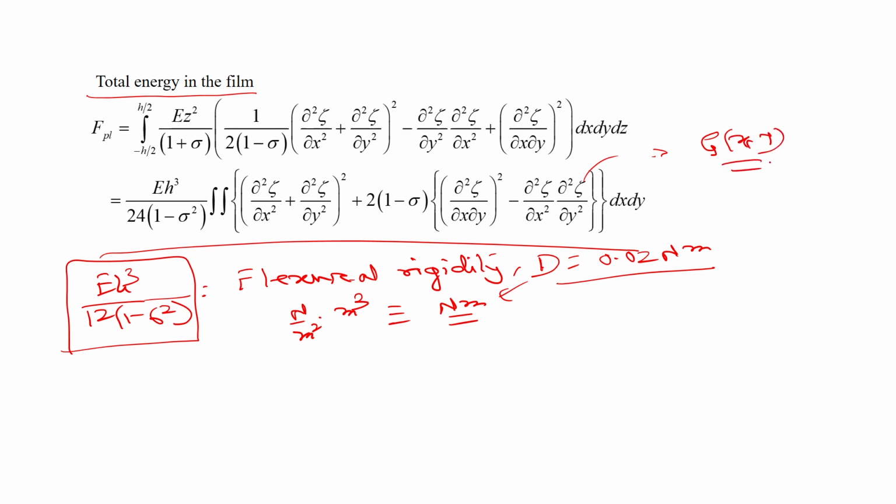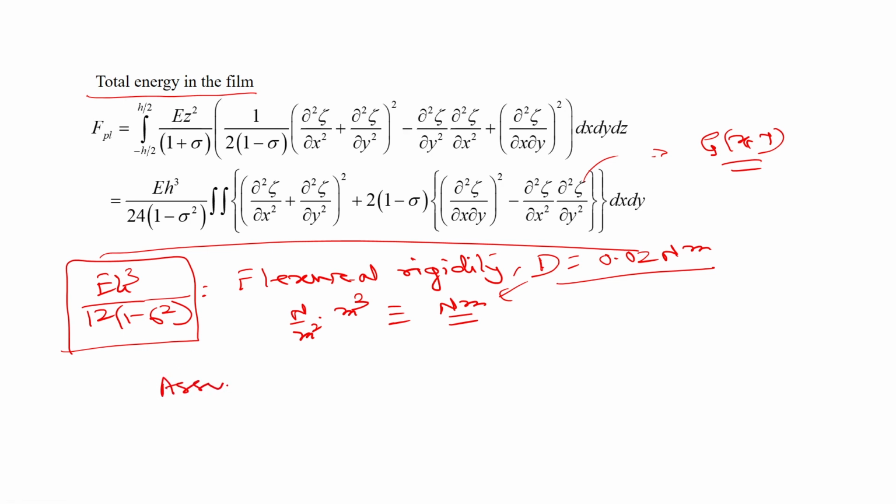Now, we can use this equation and further simplify it in order to find the governing equation for bending of the thin plate. But to simplify our life, let us assume that bending occurs only about the y axis.